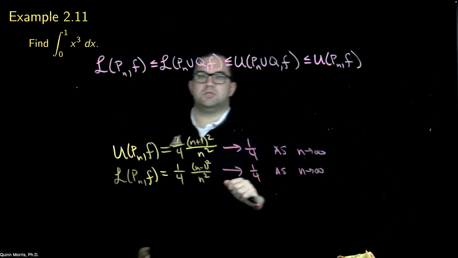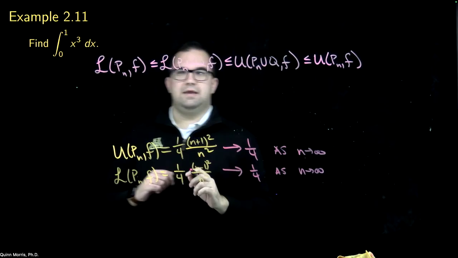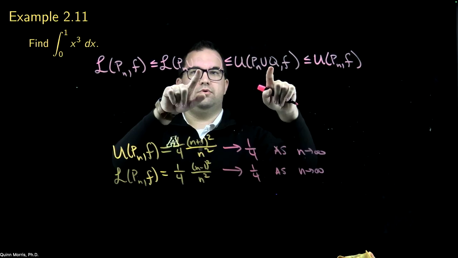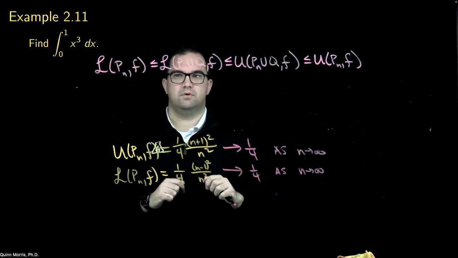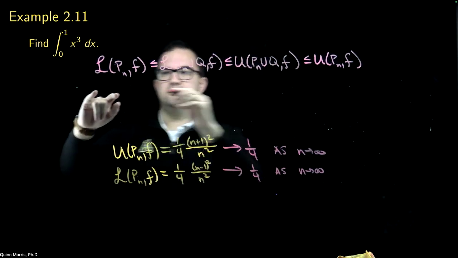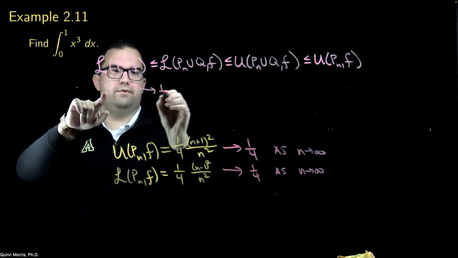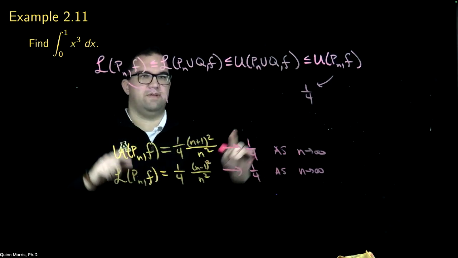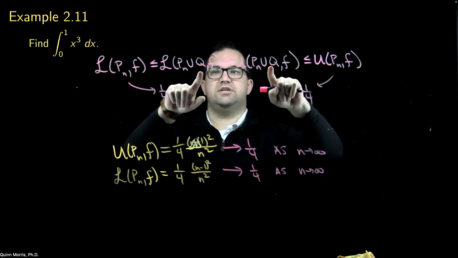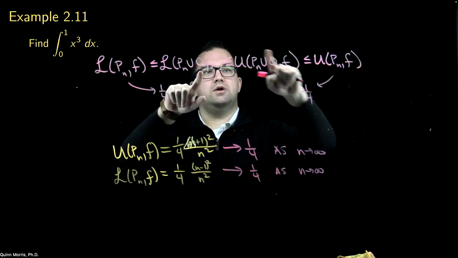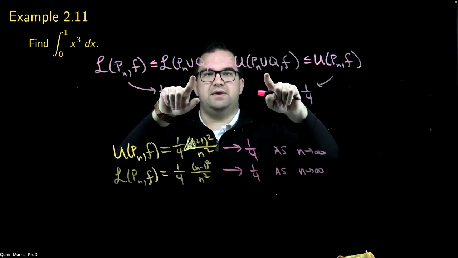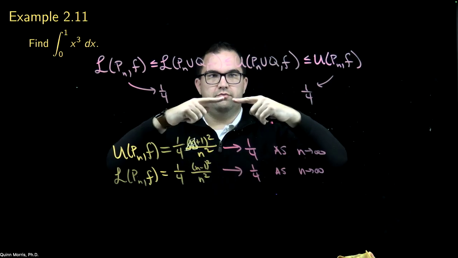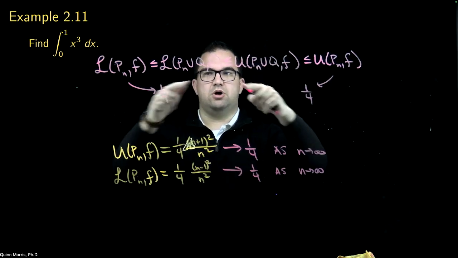So the idea here is that if you had any other partition Q, both of these are going to 1/4 as n goes to infinity. For any other partition Q, if you look at its common refinement with P sub n, these must also be going to 1/4.